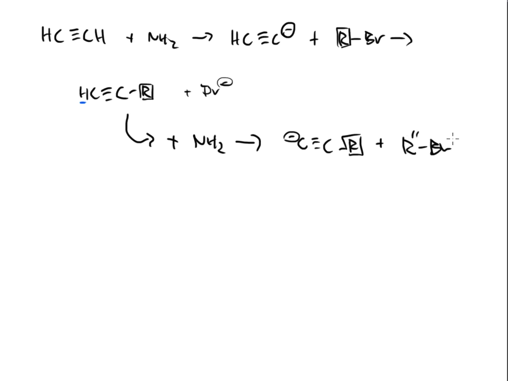It could be the same. It could be different. I don't really care. The problems will tell you what it is. And then a reaction will happen again. And we will get this new R group, I'm representing that with 2 dashes, onto a carbon that's triple bonded to a carbon that had that very first R group that was added from the first step. We can elongate a chain on both sides of these, which is going to make these even worse.